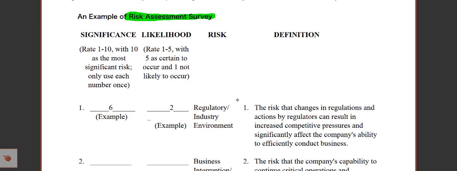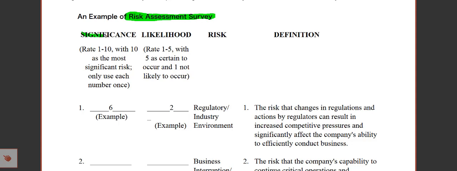That is like we're asking you about the risk that changes in regulation can result in increased competitive pressure and affect your ability to conduct business. So do you think that the change in the law can be so substantial that it affects your business as a going concern? That's what they're asking.